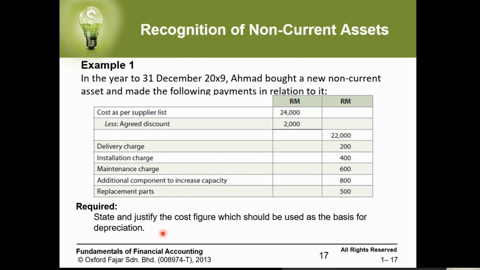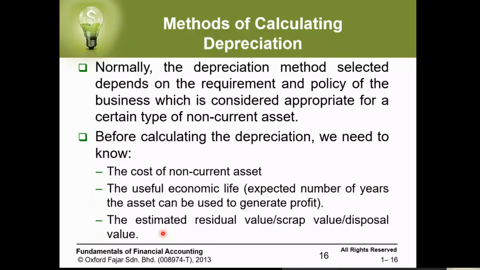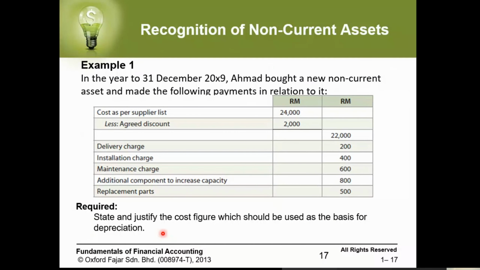Let's take one example about calculating the cost of the asset. As all of you know, for calculating the cost of the assets, we have some costs, some expenses, which is the price of the asset.